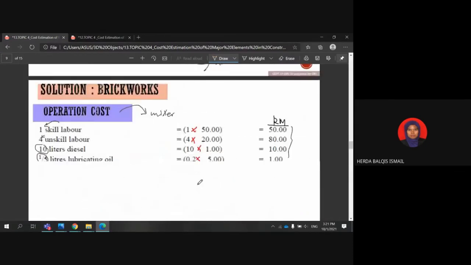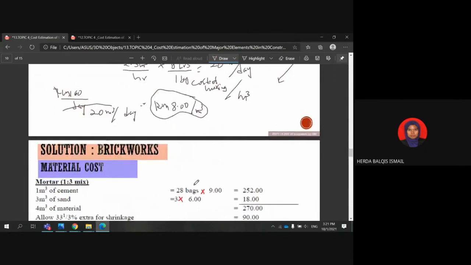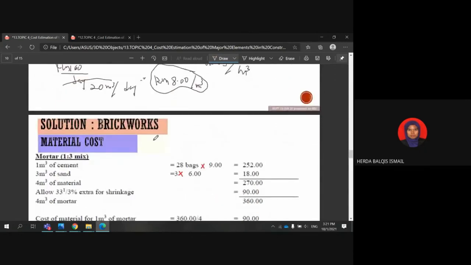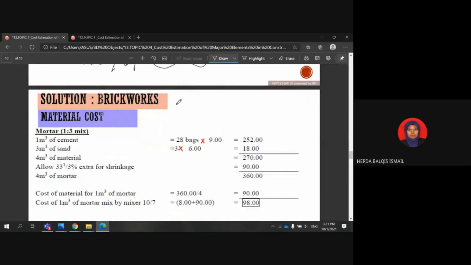Moving to the estimation for the material cost. In this case, brickwork, the materials involved are brick and also mortar. The ratio of mortar given is 1:3.